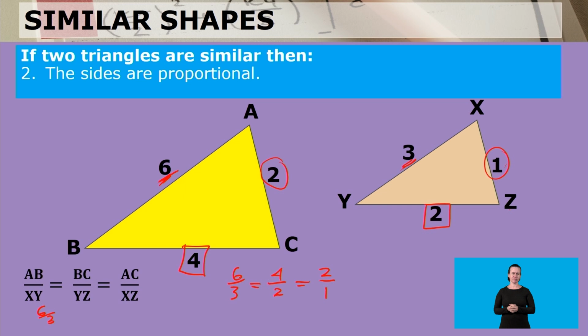When we divide this, 6 divided by 3 gives us 2, 4 divided by 2 gives us 2, and 2 divided by 1 will also give us 2. Therefore, we say they are proportional.